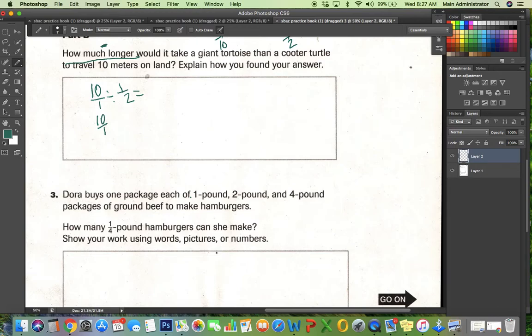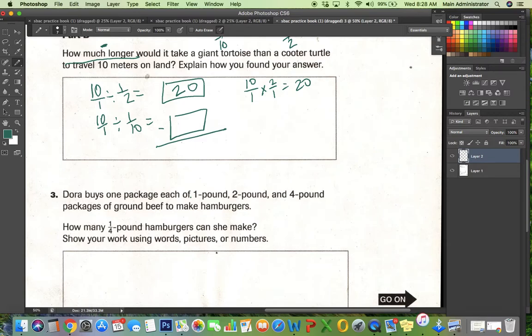How long would it take the giant tortoise to travel? And that is 10 divided by 1/10, right? And I would take these two answers and I would subtract them. Okay, so I'm going to keep the first number. Keep, change, flip. So it looks like it would take him 20 seconds.